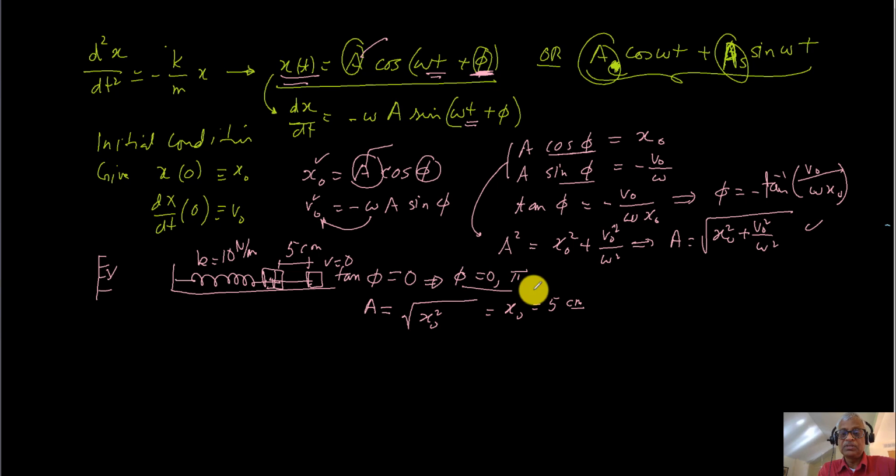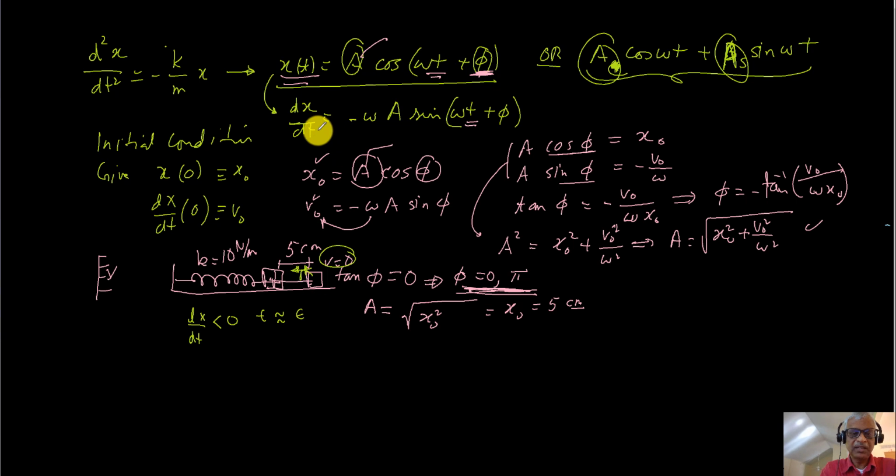And to decide between these two possibilities, you can do something like this. The very next moment, the velocity will be pointed in that direction. It was 0, but the very next moment it is going to be pulled back in, right? That means dx dt is going to be less than 0 for t very small.